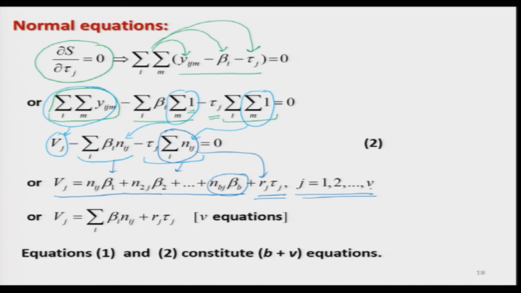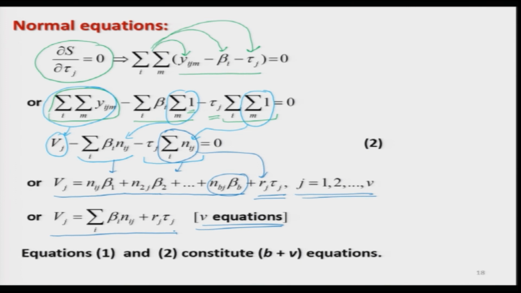So we have v such equations. Remember, this is not a single equation; it indicates the jth equation, but altogether there are v equations. Briefly, I can write V_j equals summation over i of beta_i N_ij plus R_j tau_j.